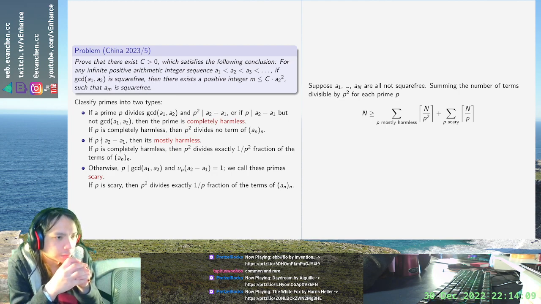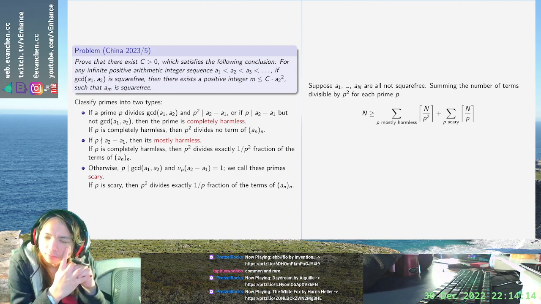Because the problem is there's too many primes that are mostly harmless. So what prevents a ton of those from showing up if you get really unlucky with mods?